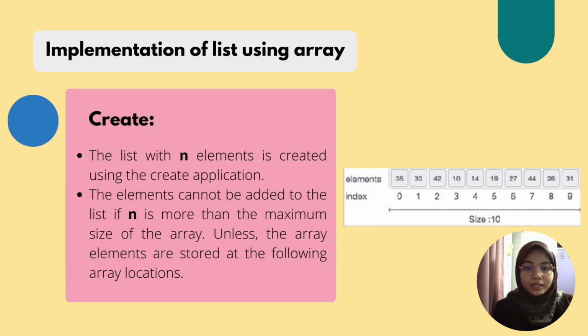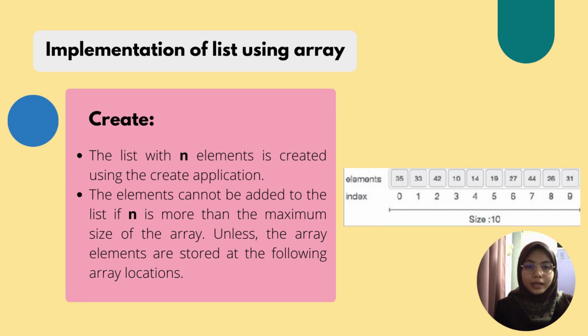So the first one is the operation of creating a list using the array. In the creating operation, a list with n elements is created using the create application. Here n is the boundary limit of an array. We need to bear in mind that an array always starts with 0 and ends with n.